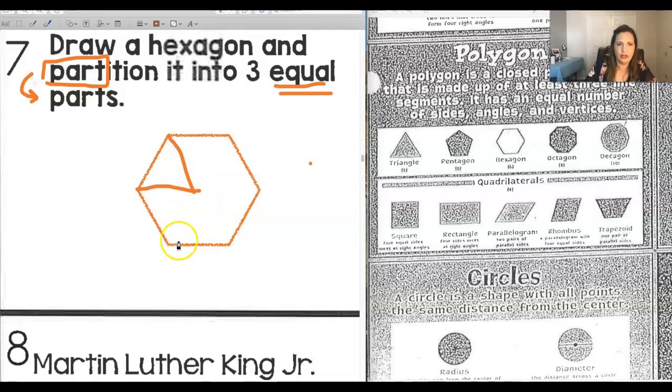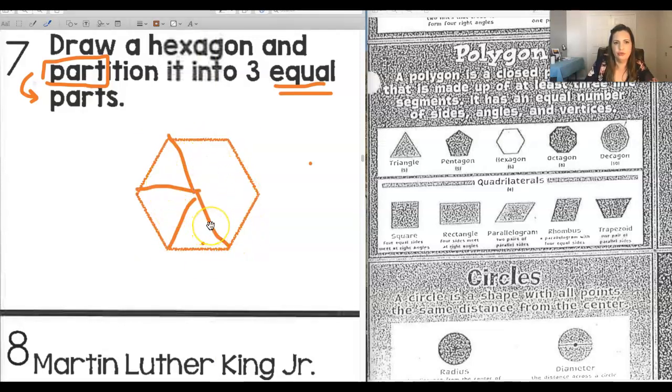If I do a triangle, that's not going to work. I'm going to have too many parts. What could I do? Can't do it in half like that. Maybe if I put it like a diamond, nope, that's not going to give me equal parts. How can I get equal parts?